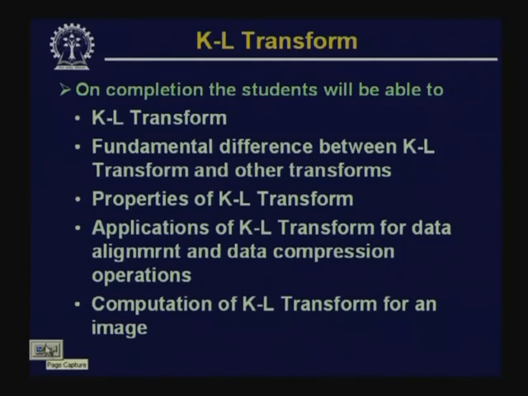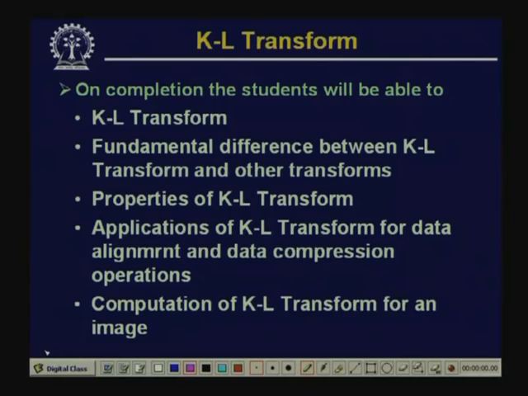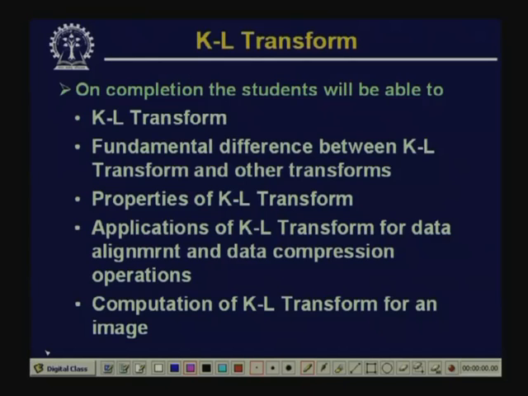As we said, the KL transform is fundamentally different from other transformations. So, before we start the discussion on the KL transform, let us see what the difference is. In all the previous transformations that we have discussed, whether it is the Fourier transformation, discrete cosine transformation, Walsh transformation or Hadamard transformation, the transformation kernel, whether it is the forward or inverse transformation kernel, is fixed.